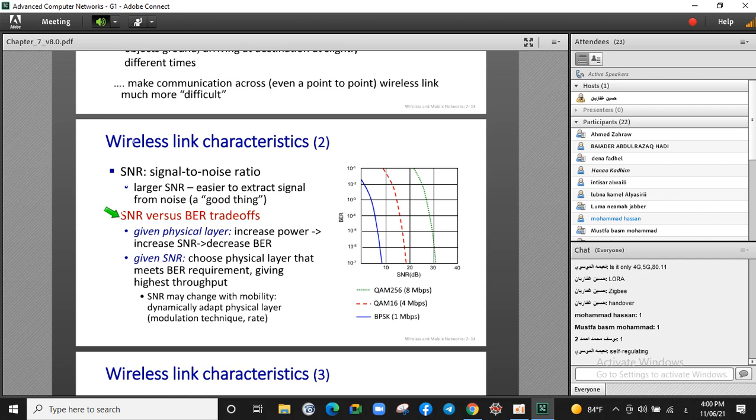And we can compare SNR with bit error rate, the rate of errors in bits.